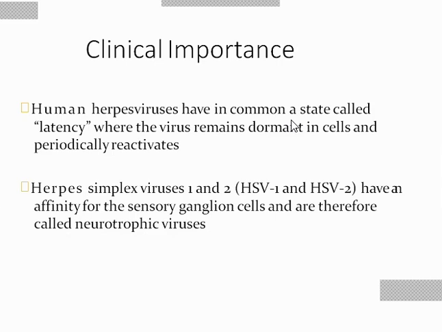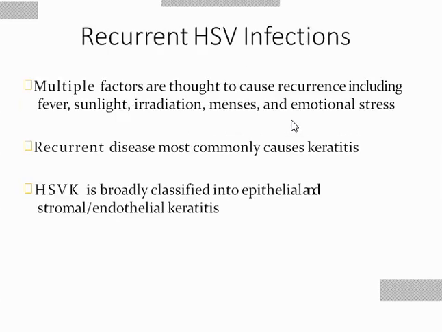Epithelial keratitis usually is a manifestation of recurrent herpes. In recurrent herpes, you can see small epithelial vesicles developing on the lids. Multiple factors, irradiation, menses, emotional stress, and recurrent herpes most commonly cause keratitis. It is broadly classified into epithelial and stromal or endothelial keratitis.